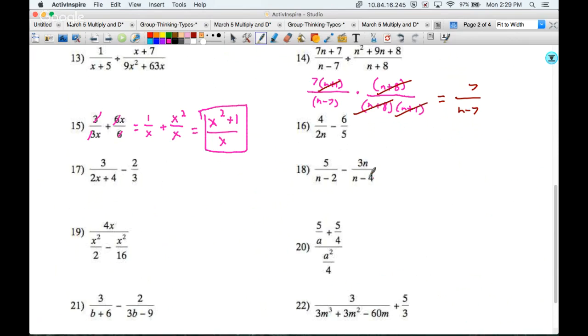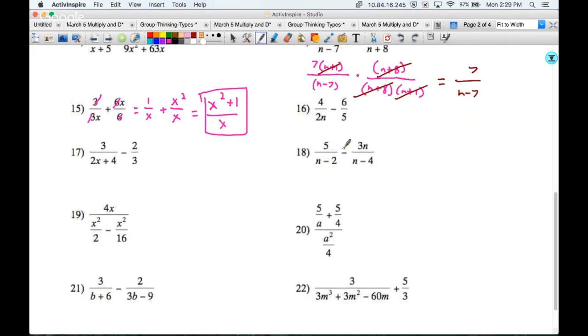Let's take a look at maybe one of these bigger divide ones, like number 18. To get these denominators to match is quite a bit more difficult. I'm going to have to multiply them both by each other's denominator. So for the 5 over n minus 2, I'm going to have to multiply that by n minus 4 over n minus 4.